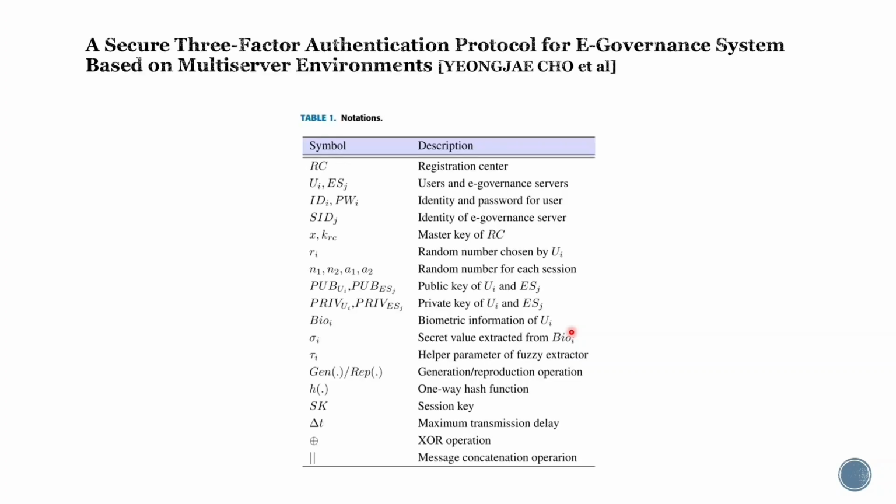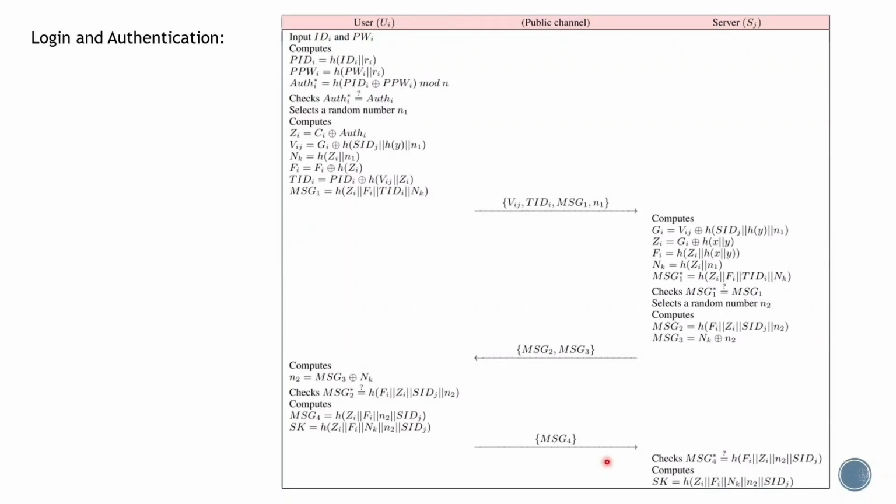Moving on to the next protocol, a secure three-factor authentication protocol for e-governance system based on multi-server environments. This is the notations table for this protocol. We'll move on to the phases of the protocol. In the user registration phase, the user enters the user ID, password, and his biometric data.